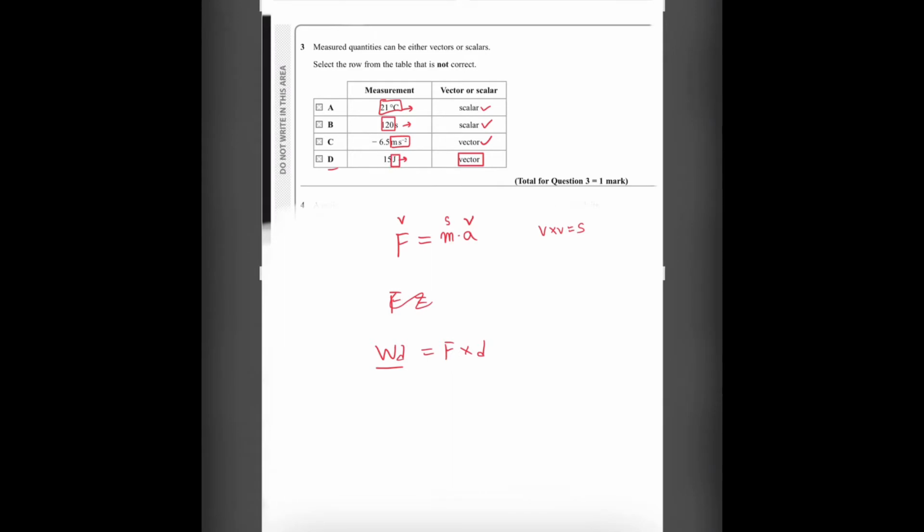If work done equals force into distance, force is a vector quantity as displayed here, and this distance is also a vector quantity because it is the distance moved from the force. As we know that vector into vector equals scalar, so work done is actually a scalar quantity. So the answer to this question is D, since this is not the correct answer.